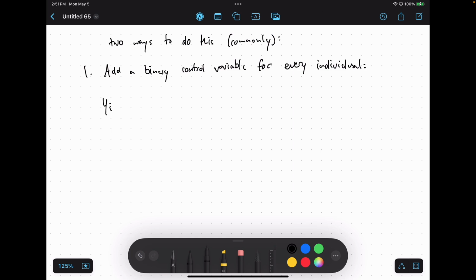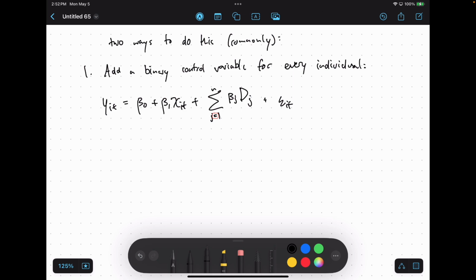So this might be something like y_it is equal to beta 0 plus beta 1 x_it plus, let me write it this way, the sum for j equals 1 up to n of beta j times d_j plus epsilon_it, where j represents every individual, right?